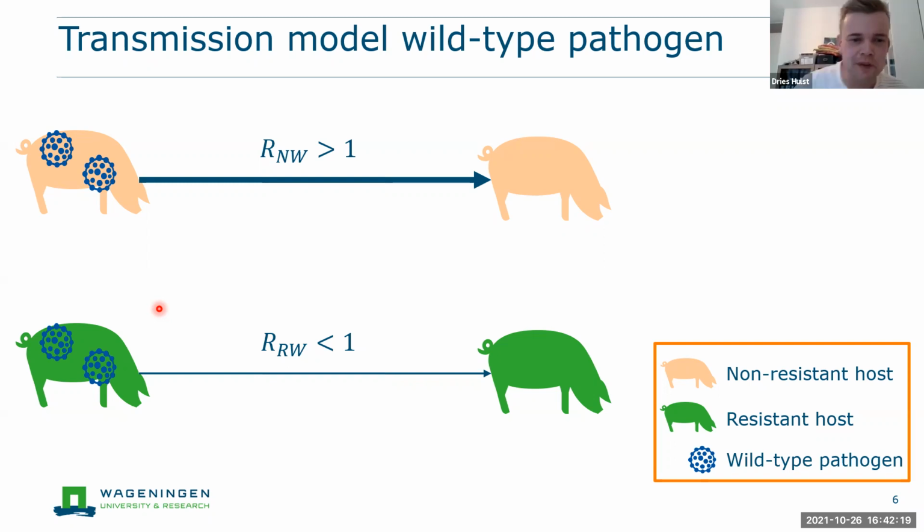Yeah. I mean, you don't know the reproduction ratio of the mutant, so of the escape mutant. Of course, when you know your resistance allele and how strong it is, you can indeed know how effective it is against the wild type. But the mutants are of course not there.